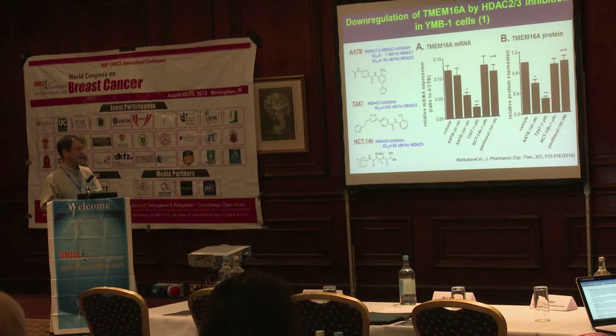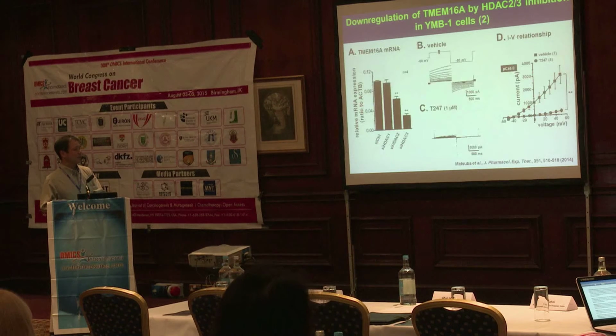Pharmacological blockade of HDAC2 by a higher concentration of AATB induced a partial inhibition of 16A chloride channel expression. Pharmacological blockade of HDAC1 and HDAC6 did not induce any significant changes in expression. Also, the chemotherapy drug paclitaxel did not induce any changes in expression.